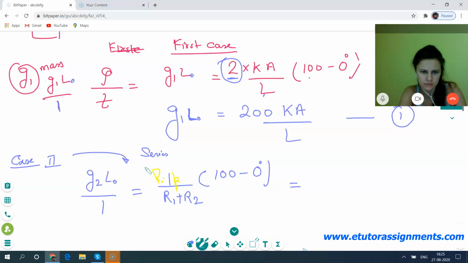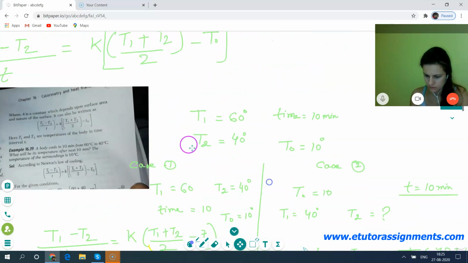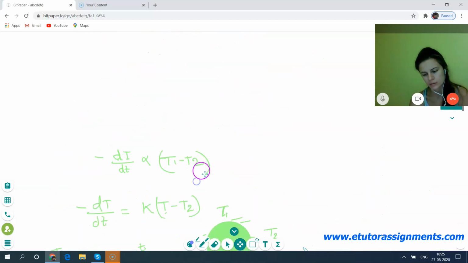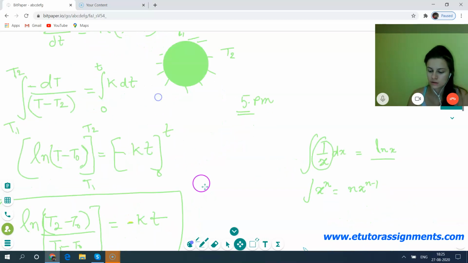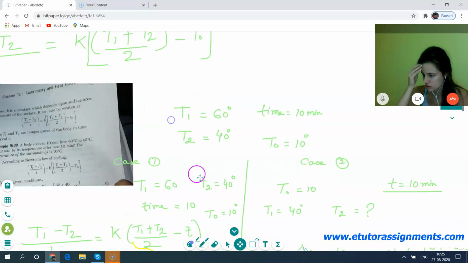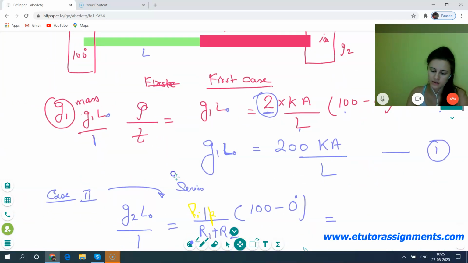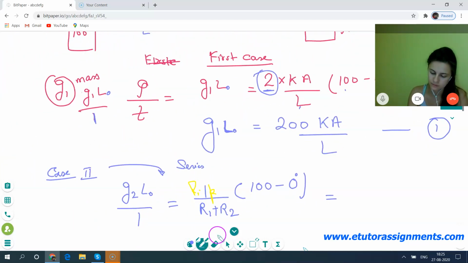See where we have written the formula: R is equal to R1 R2 divided by R1 plus R2 for parallel. Yes, for series we just add. If you agree, then only I will go ahead.